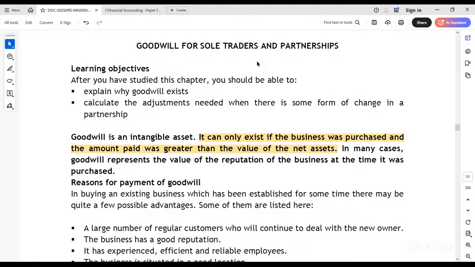We have different reasons for payment of goodwill. What do you think are the reasons as to why goodwill is paid for?